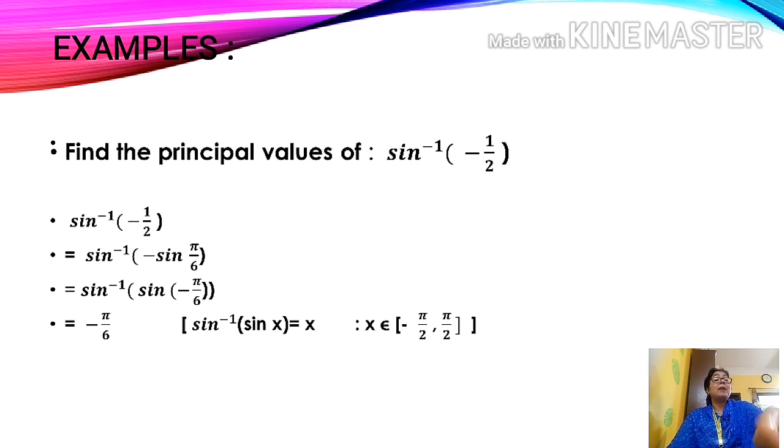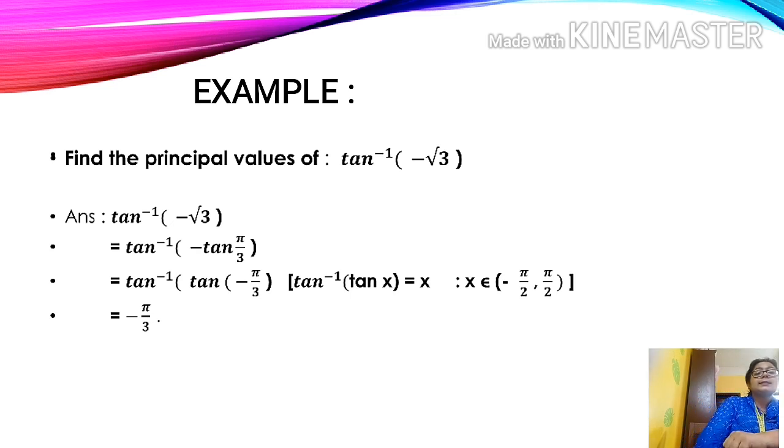Here minus pi by 6 belongs to this range minus pi by 2 to plus pi by 2. So we can write this is equal to minus pi by 6. Remember that always you have to mention this range or principal value branch, otherwise your marks will be deducted.